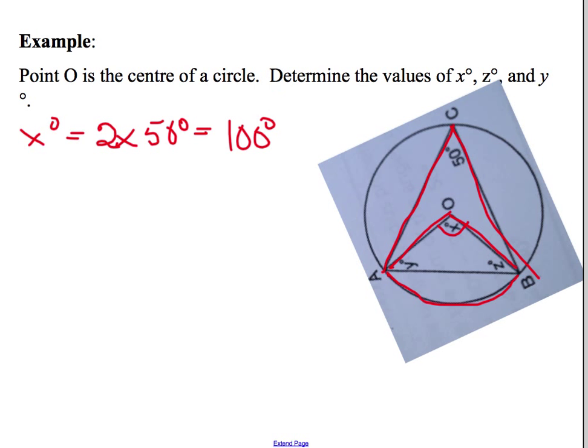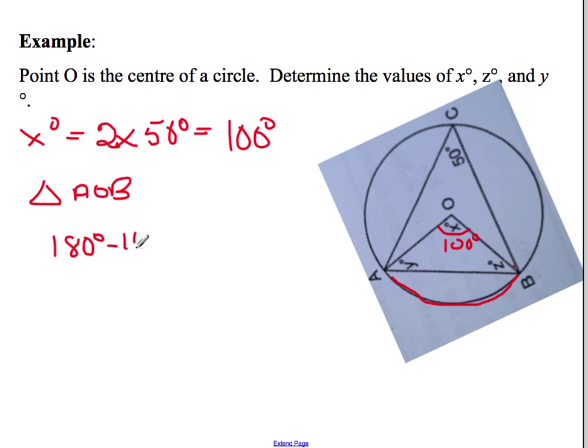I also know, and I'll erase some things now because you don't need all these lines in here, that if this is 100 degrees in here, I'm going to talk about the triangle. Now I'm going to look at triangle AOB, the whole triangle, not the angle. And I know that it has to add up to 180.